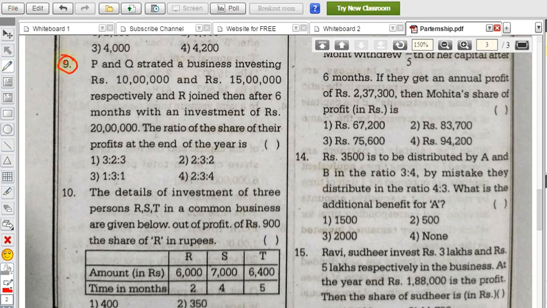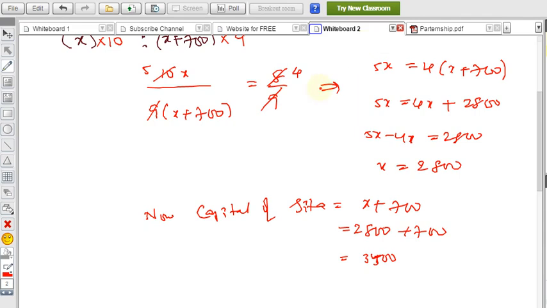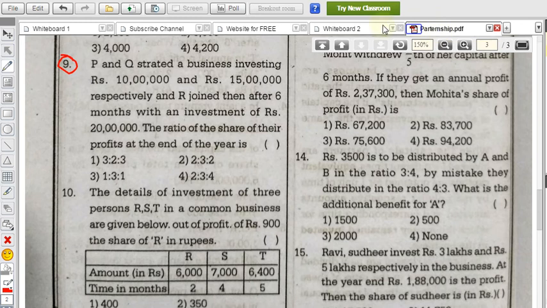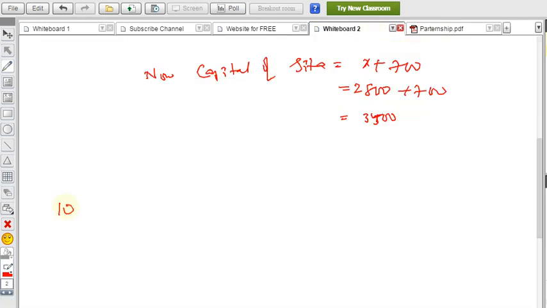A similar one. P and Q started a business investing 10 lakhs and 15 lakhs respectively, and R joined after 6 months with an investment of 20 lakhs. Find the ratio of the share of the profits at the end of the year. Only the ratio you have to find out, nothing more. 10 lakhs, 15 lakhs and 20 lakhs, but R joined after 6 months, so for him it is 6 months, and for the others 12 months.